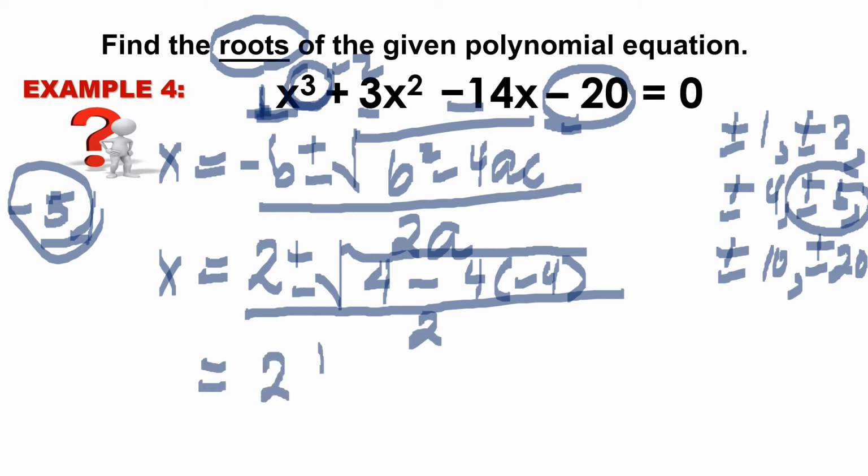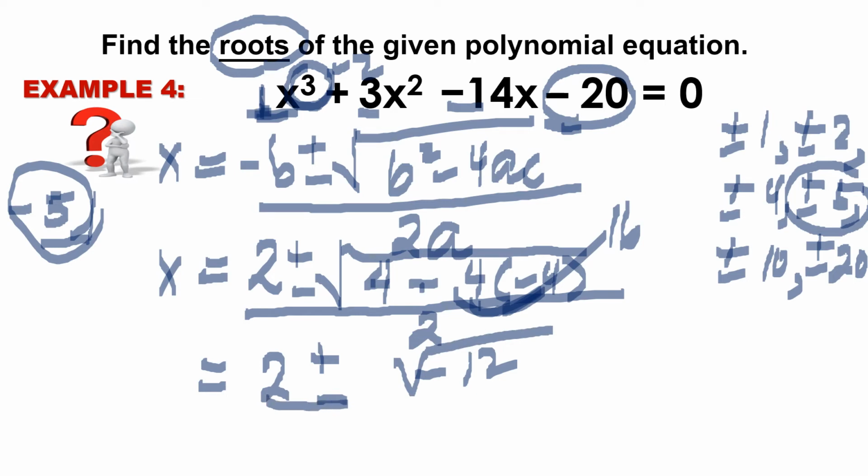Copy 2 plus or minus the square root of 4 minus 4 times negative 4. Let's do this first. Negative 4 times negative 4 is 16. So 4 minus 16 is negative 12. The square root of negative 12, then all over 2.